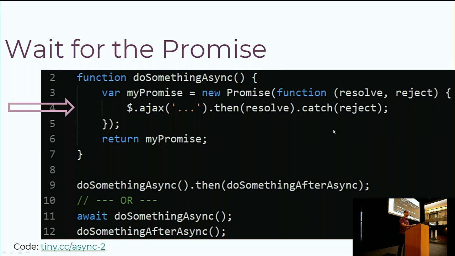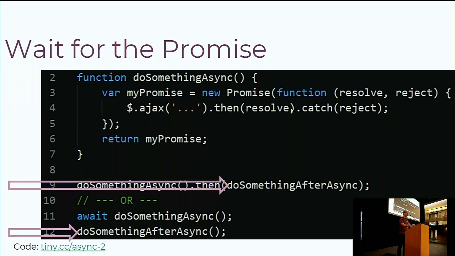The ticket will be resolved when the resolve function is called, or unsuccessfully resolved when the reject function is called. You return the ticket to the caller. Eventually, the resolve function will be called when the RPC is done. And only then, do something after async will be called, either with the old syntax or the new syntax. All right, so we have fixed the bug. Now, we expected something to happen after the RPC is done, and it actually happens after the RPC is done.